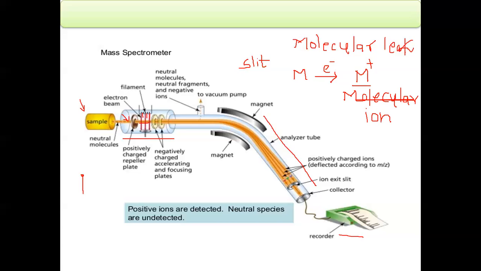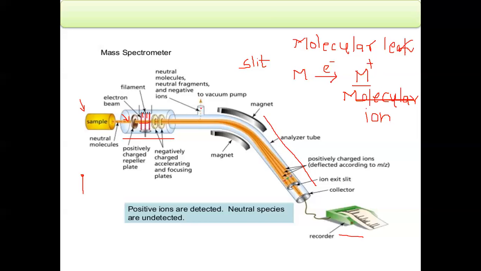If it is unstable, the molecular ion M plus will be disintegrated, or fragmented in the ionization chamber into smaller fragments, and depending on their stability, their abundance will be there. Now, once the sample ions leave the ionization chamber, they enter into a small field free region.